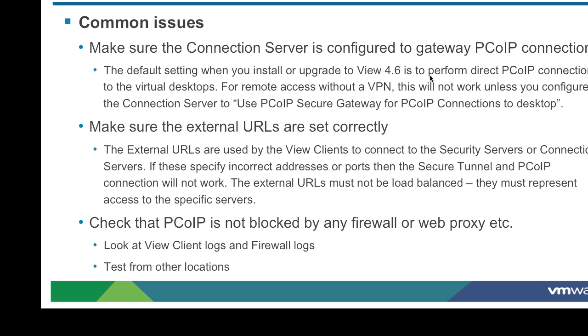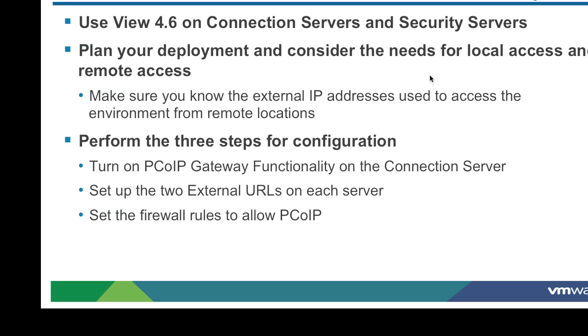So to summarise PC over IP remote access with View 4.6, firstly, use View 4.6 on all connection servers and security servers. Plan your deployment, considering the needs for local access and remote access. Where you can do direct PC over IP, such as on an internal network, do so. Use PC over IP through security servers for remote access only.